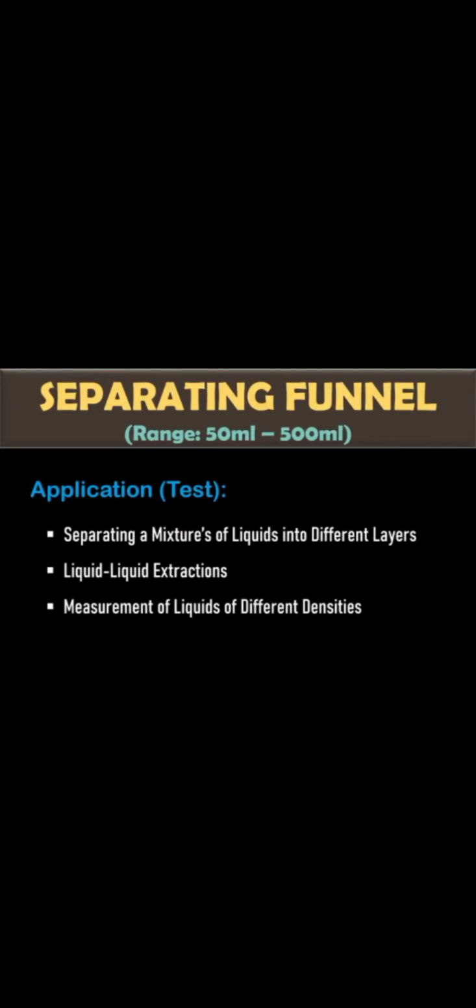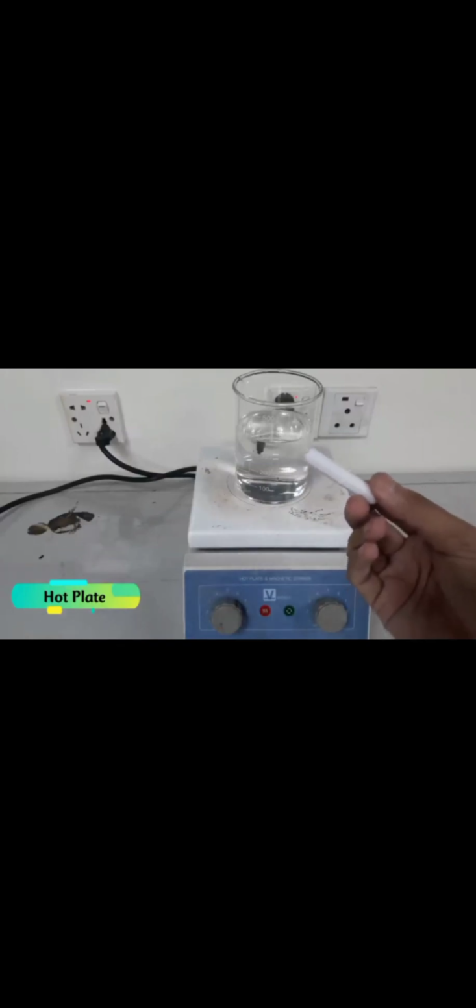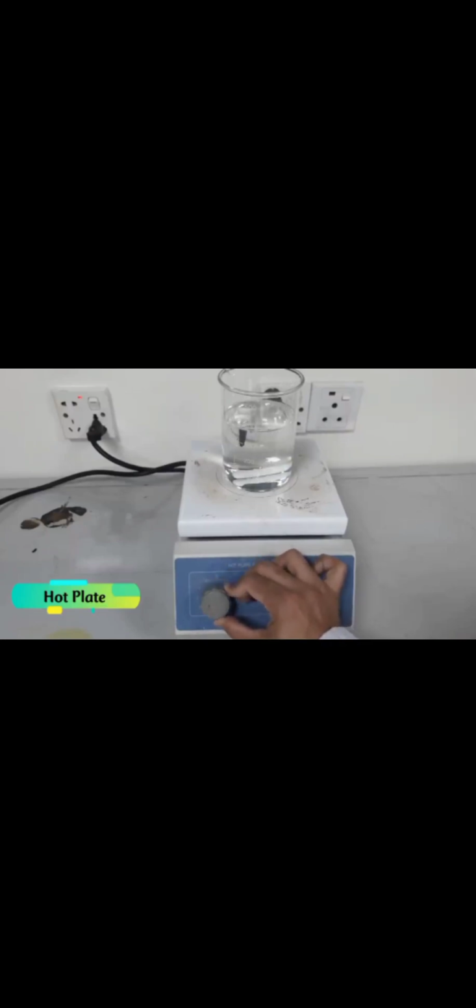Number 7, hot plates. A major hot plate comes with a magnetic stirrer. A hot plate is used for heating or boiling of a solution or a liquid. Hot plates with a mixer are also used in mixing a solution or a liquid. And when a sample involves heating and stirring simultaneously, a hot plate with a magnetic stirrer is an ideal equipment to use in such a situation.